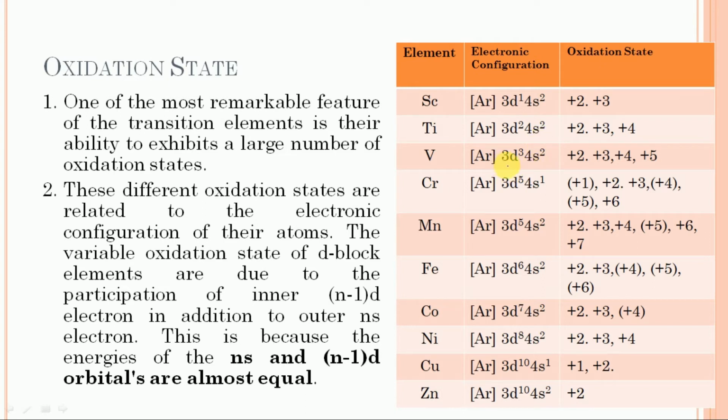Similarly, in the case of vanadium, it has 3d3 4s2 electronic configuration, and it will show +2, +3, +4, +5 oxidation states.